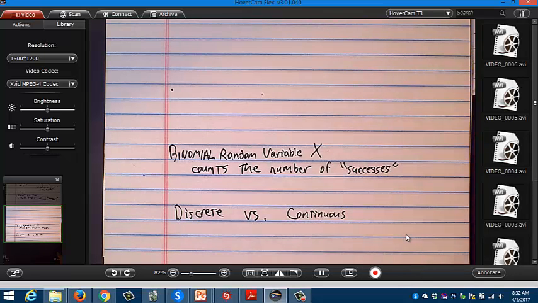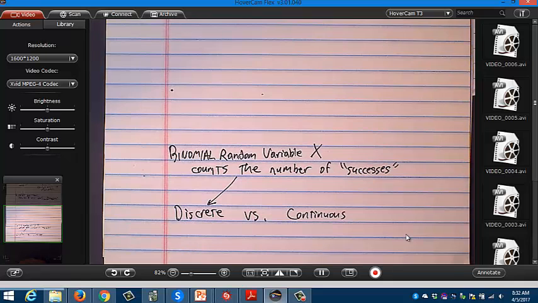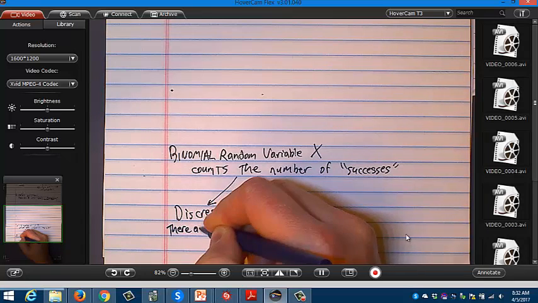You guys, what's the smallest that you could get for the binomial random variable? I guess 0, right? What else could you get? You get 0, or you could get 1, or you could get 2, right? I guess you get up to whatever n was. But this is an example of what is discrete. And the reason it's discrete is there are gaps.